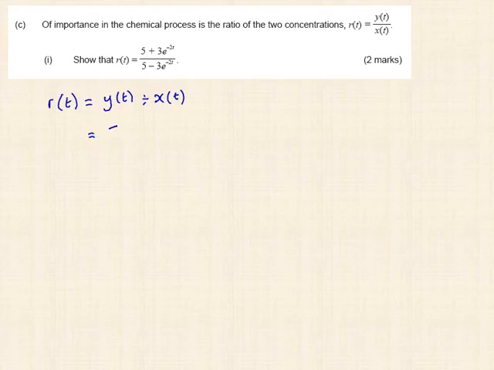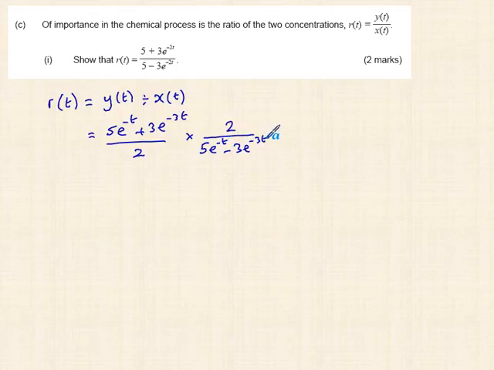So that's 5e to the negative t plus 3e to the negative 3t over 2, times 2 over 5e to the negative t take away 3e to the negative 3t, which gives us 5e to the negative t plus 3e to the negative 3t over 5e to the negative t take away 3e to the negative 3t.